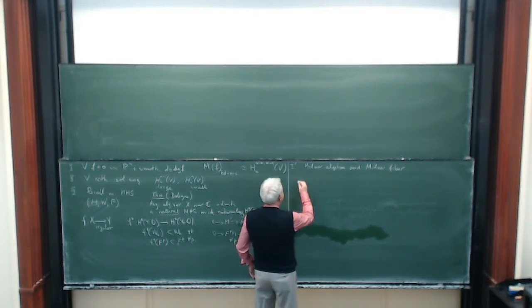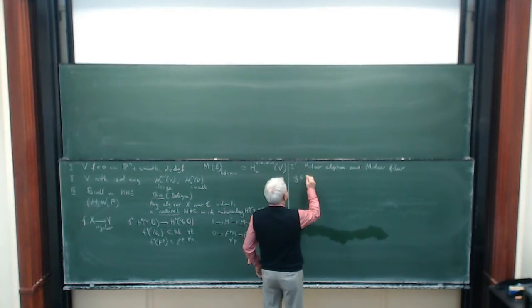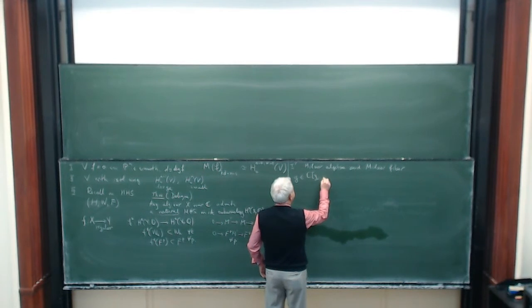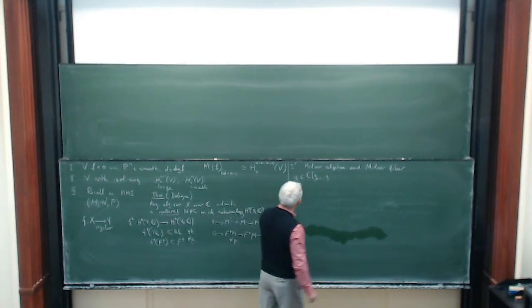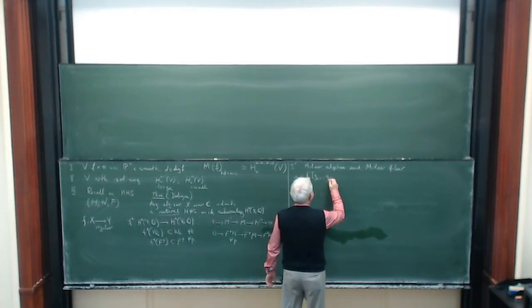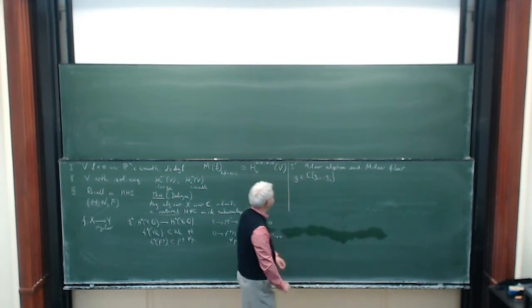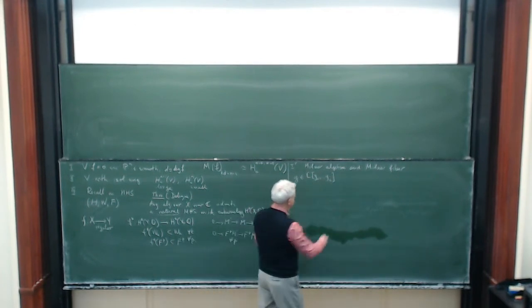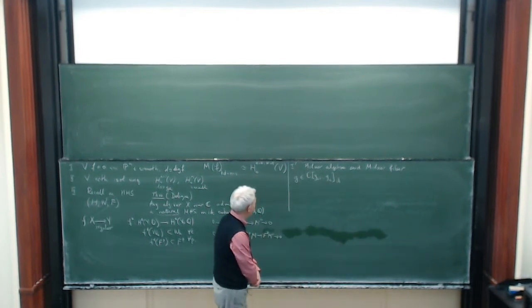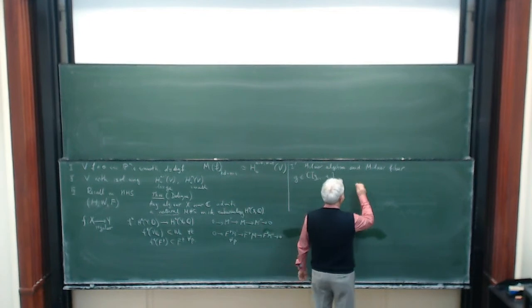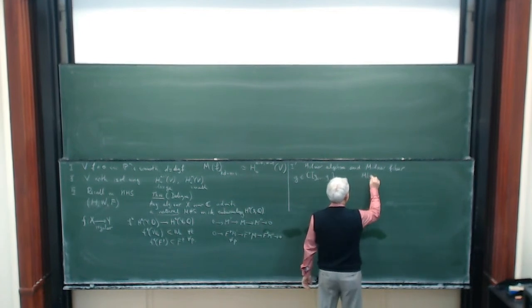So let's say we have a homogeneous polynomial G in Y1 to Yn. Here it is very difficult to decide which notations to use. Anyway, suppose G is a homogeneous polynomial of degree D, and I consider the Milnor algebra.